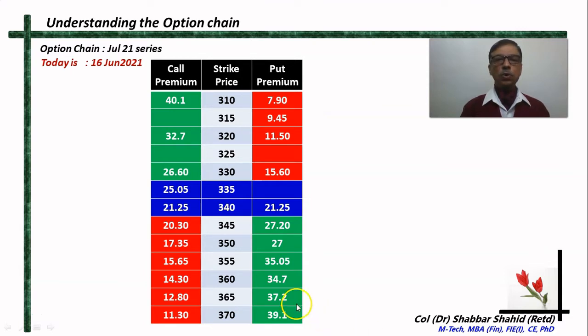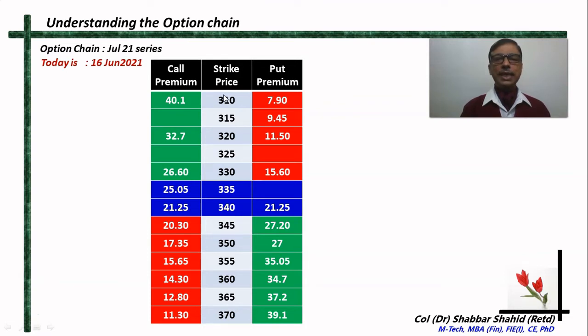Alright, so what you see here on the screen is basically the option chain of Tata Motors for the July 21 series. When we saw the trading platform, the option chains were available for the months of June, July as well as August 21.